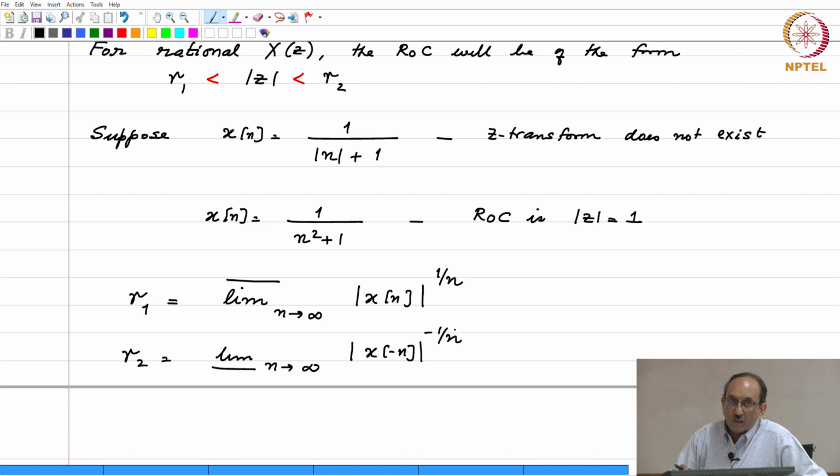We are considering only the class of rational transfer functions, and they are the simplest class, and the moment you evaluate the poles and zeros, you can always be guaranteed that the ROC will be bounded by poles.